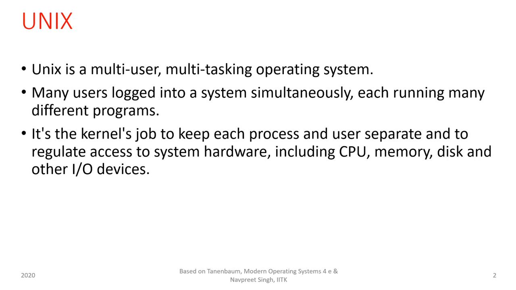So this starts with the Unix operating system. Unix was a multi-user multitasking operating system that came about in the 70s. And this was the time where there were mainframe computers, and many users would connect into a single mainframe computer and run different tasks at the same time.